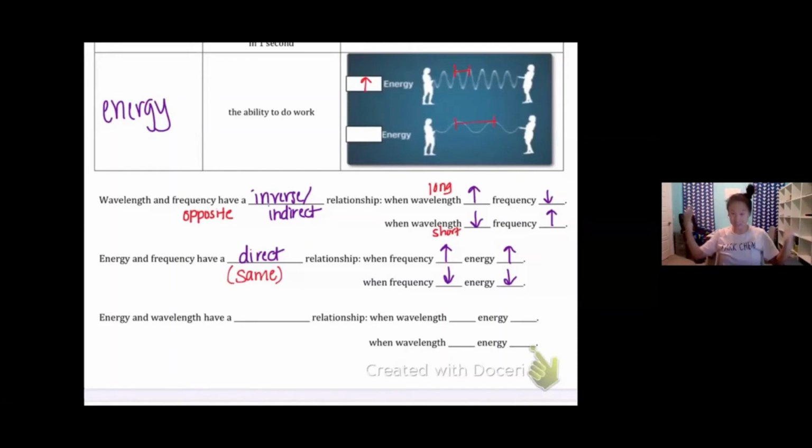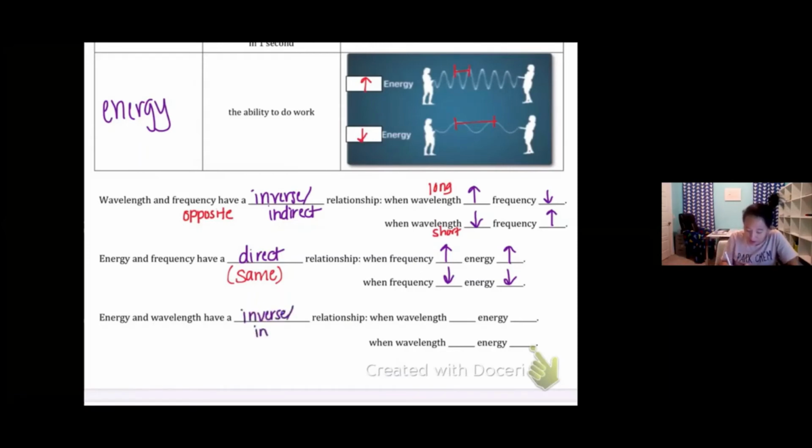So it's less frequent, it's long, it's slow, then that means it's going to have a low energy. So if it has a low energy, let's think about the kind of relationship that energy and wavelength have. Energy and wavelength then have an inverse or an indirect relationship. Remember, that means that they have an opposite relationship.